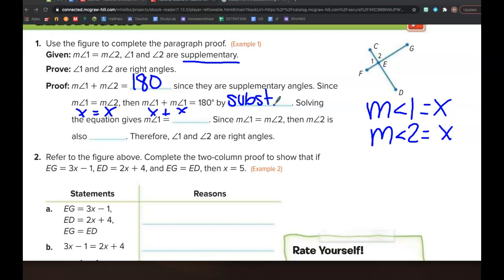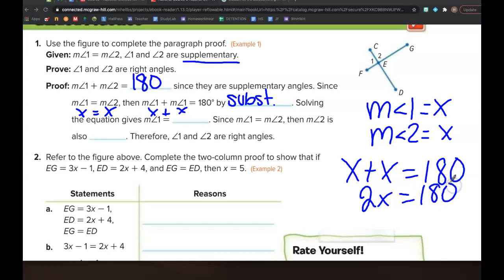Now to solve, if I were to solve x plus x equals 180, I would have 2x equals 180. So how do you solve for x? Divide by 2, divide by 2, so x equals, what does x equal? 90.